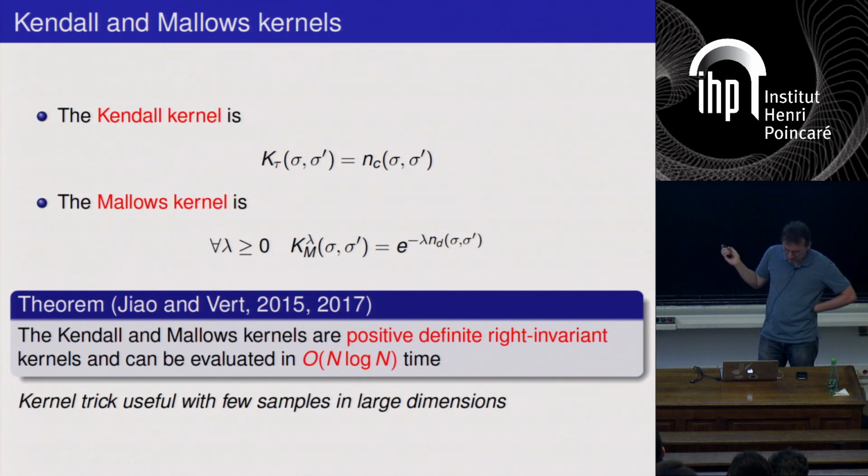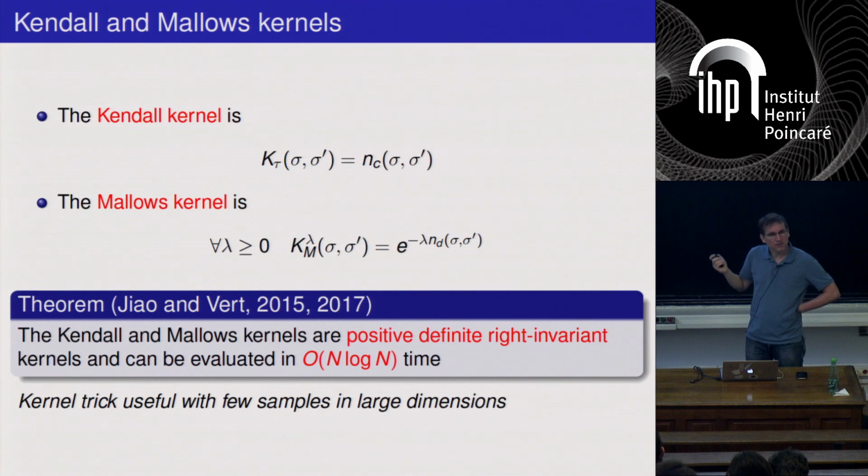All right, so I skip a bit details about some interesting computational effects here, which is that if you do this embedding, you move from the space of permutations to the space of n by n matrices, which may be costly if you make linear models.